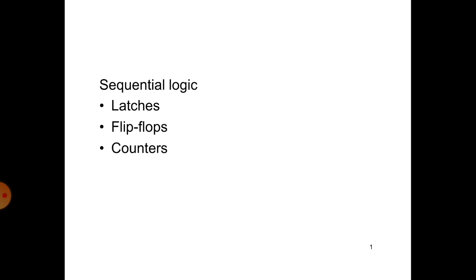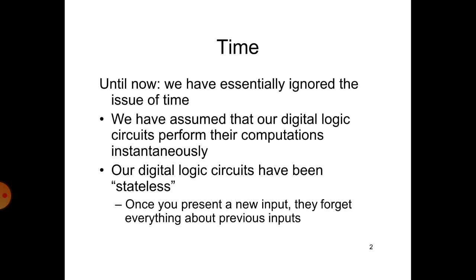It depends on the past and present input, whereas a combinational circuit depends only on the present input. In this unit we discuss latches, flip-flops and counters. In this slide set: time.